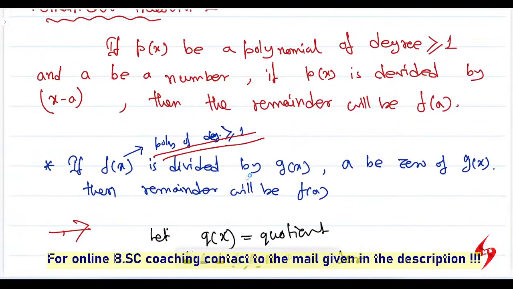And another thing is the remainder should be a constant. Here r of x should be a constant.